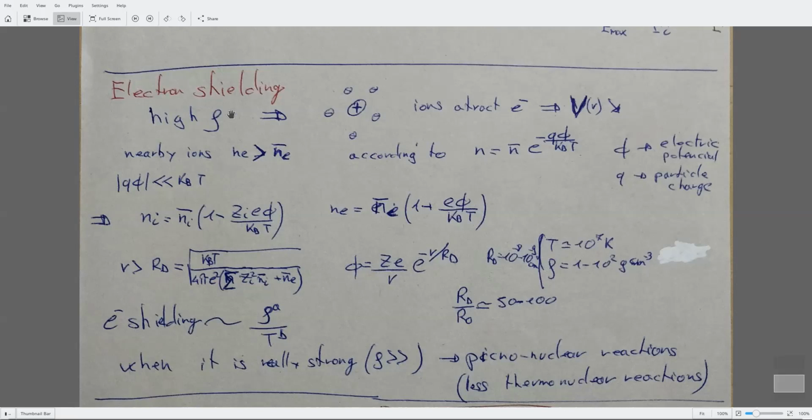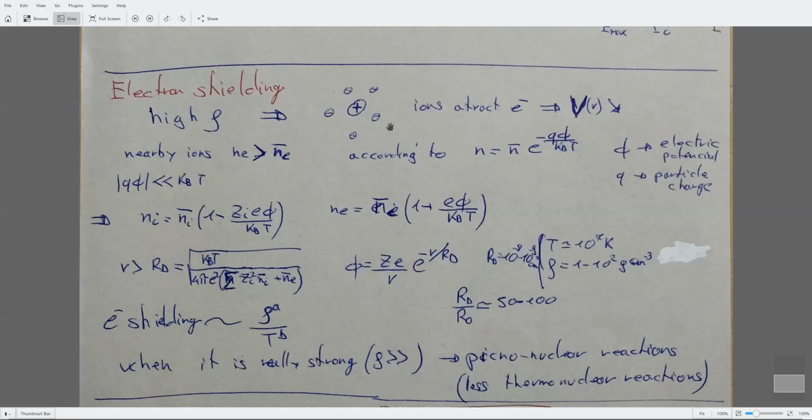If you have this bath of electrons, a lot of electrons around the nuclei, and the nuclei are ionized, so they are positive charges and the electrons negative charges, they attract each other. What you get is that in the vicinity of the ions, you have a higher probability to find an electron.